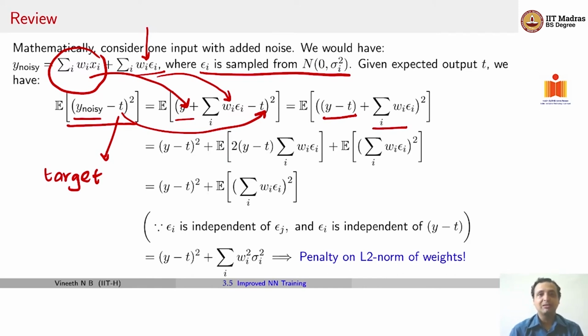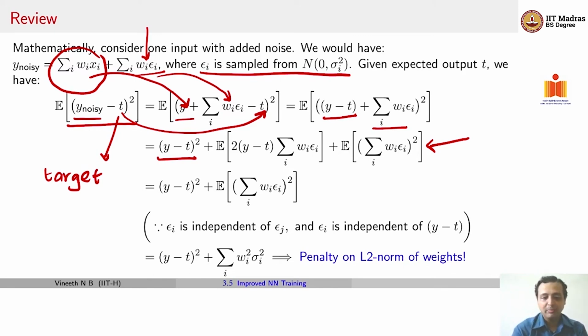Now we use the standard expansion of (A plus B) whole squared, and you get the terms in the next equation. Keep in mind that the first term here does not have an expectation because there is no random variable there. There is no epsilon i in that, so you can remove the expectation in that first term, and the expansion follows the linearity of the expectation.